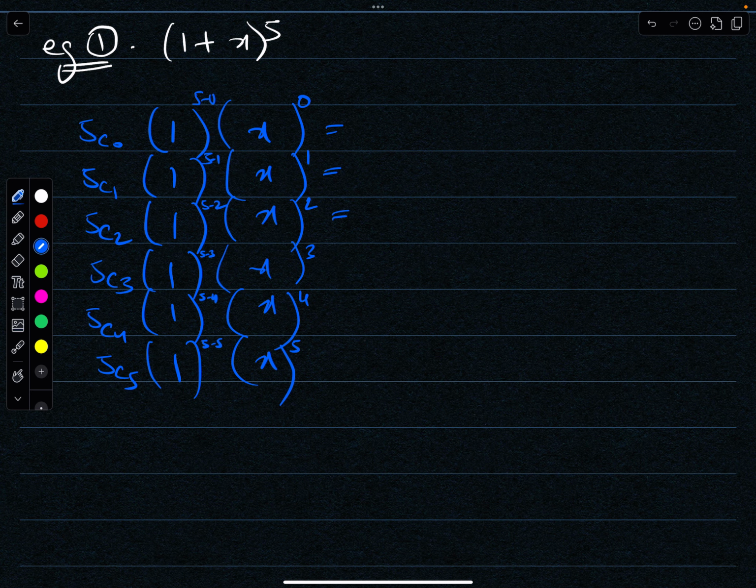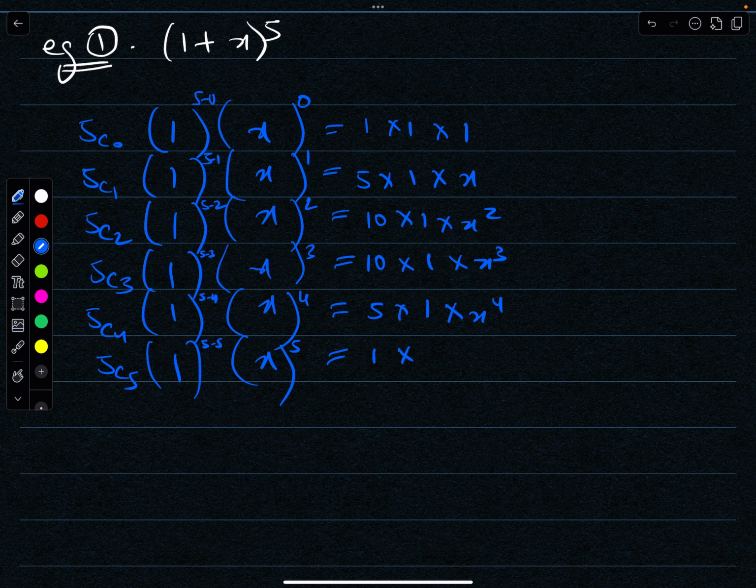After setting up all these lines, let's solve them one by one. So I have 1 multiplied by 1 multiplied by 1. In line 2 I have 5 into 1 into x. Then I have 10 into 1 into x squared. 10 into 1 into x cubed. 5 into 1 into x to the power 4. 1 into 1 into x to the power 5.